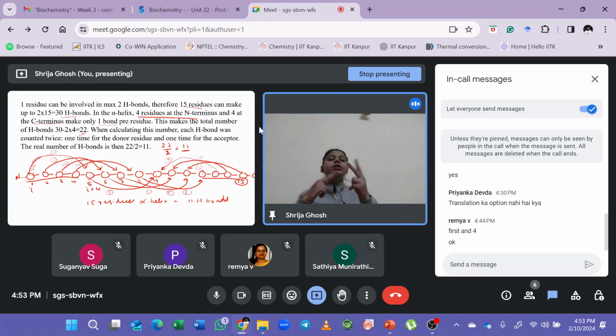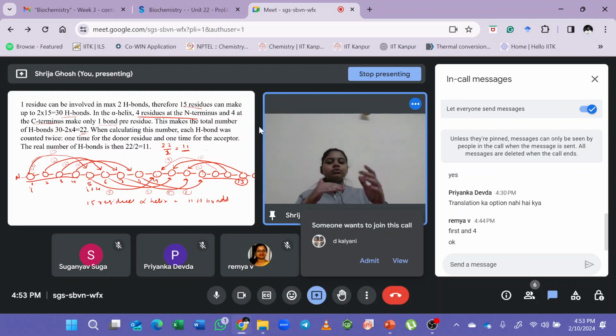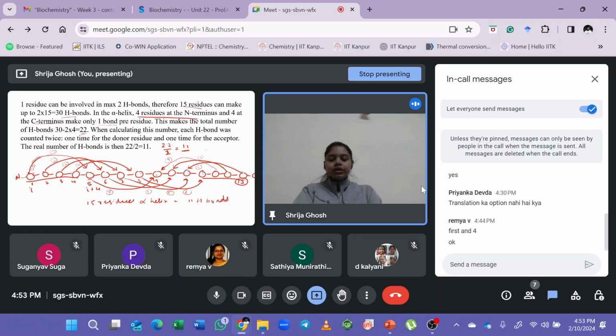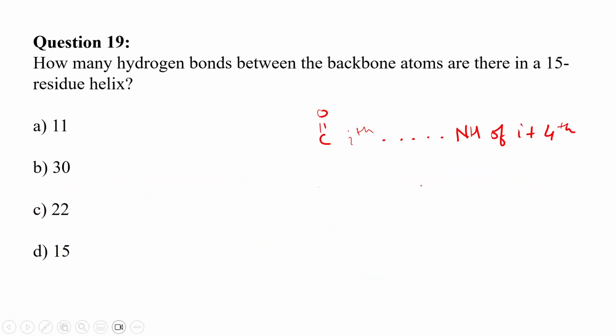So you are basically counting it twice. So now you just divide it by 2 to get the actual number of hydrogen bonds in the alpha helix. Okay. So this is clear. So the correct answer would be option A, 11.